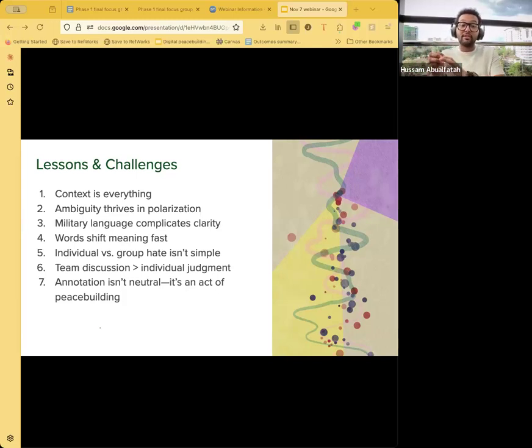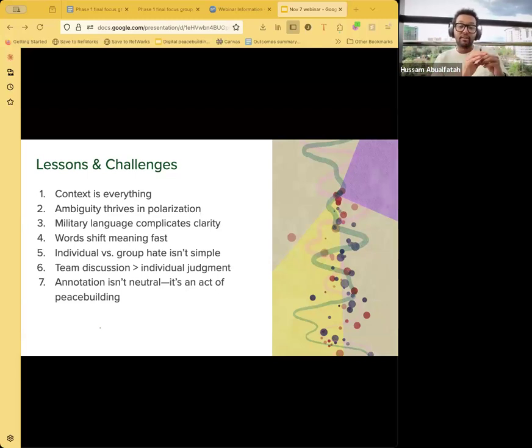So we learned to read language through the lens of the moment. The next thing is that ambiguity thrives in division, because people in conflicts usually use coded or sarcastic language to spread hate without being obvious. That's why we relied on discussion, not guesswork.